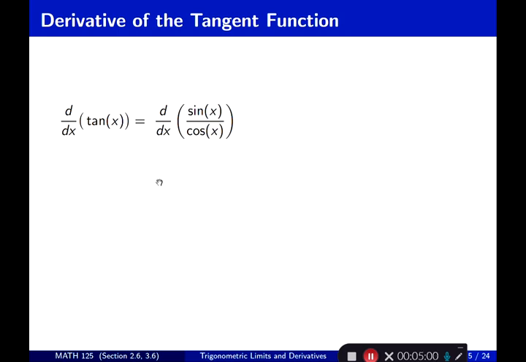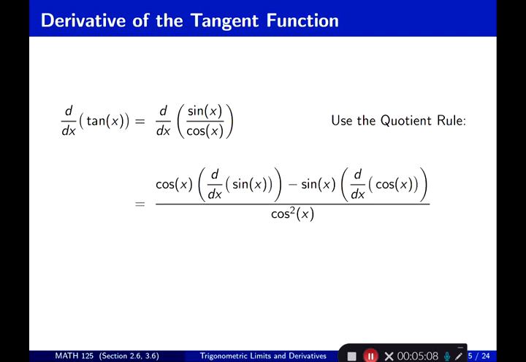And when you're taking derivative of sine of x over cosine of x, you use a quotient rule. So it would be cosine of x, which is the denominator, times derivative of sine of x, then minus sine of x times derivative of cosine of x, divided by cosine squared x.